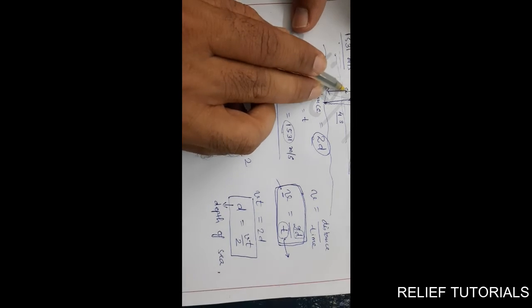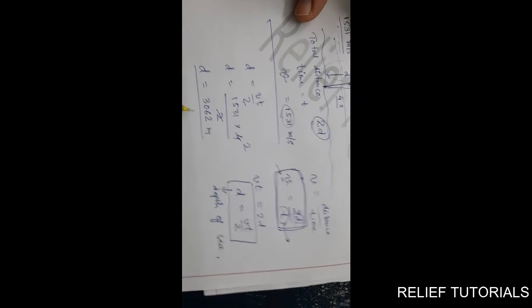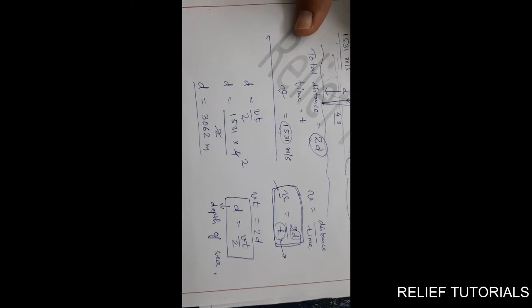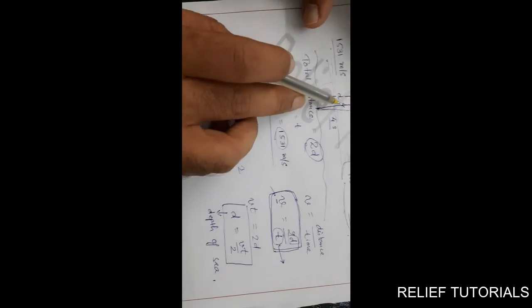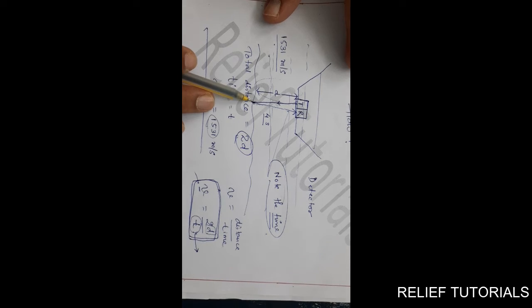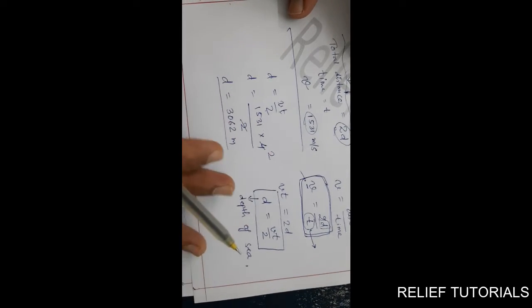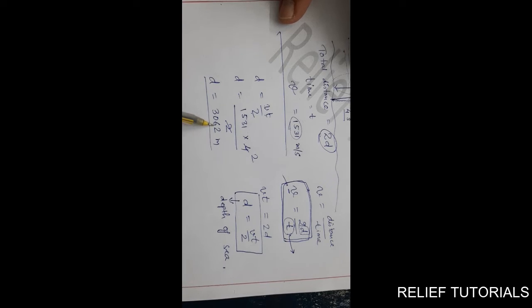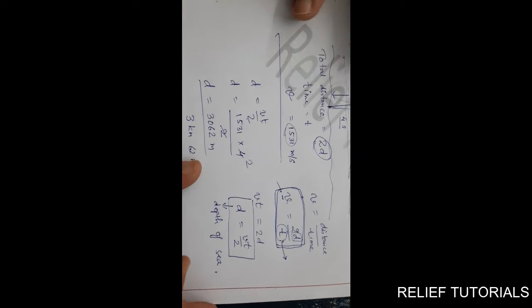So here the depth of the sea is 3062 meter. At this particular point, the seabed is almost 3000 meter deep. If you convert it into kilometer, it will be 3 kilometer and 62 meter. So in this way we can calculate the depth of the sea.